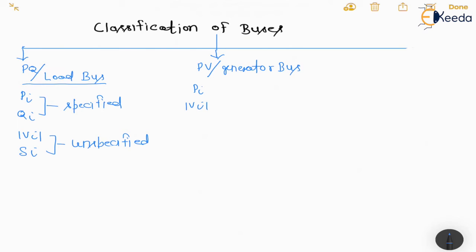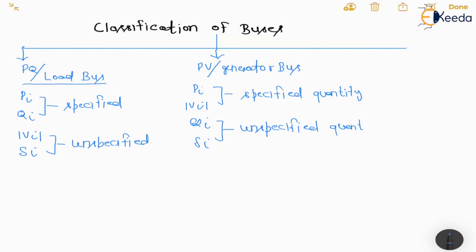In the PV bus, Pi and Vi will be specified quantities, and Qi and delta i will be unspecified quantities.